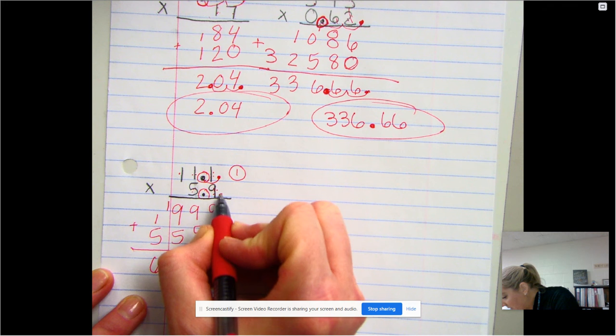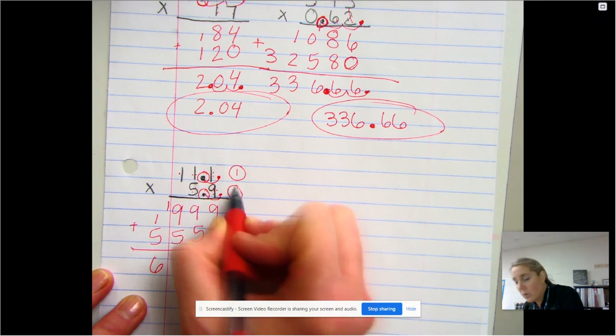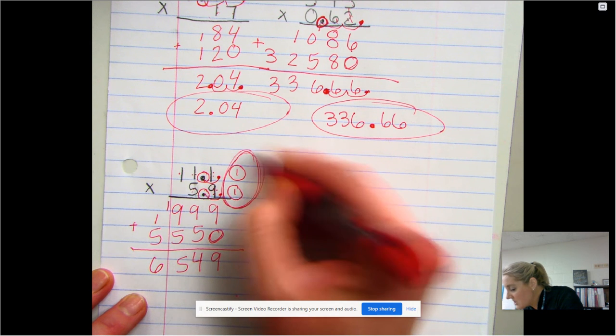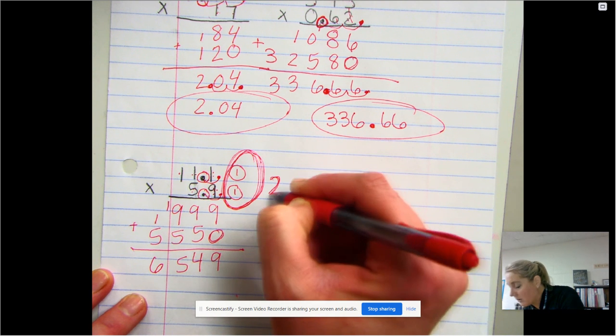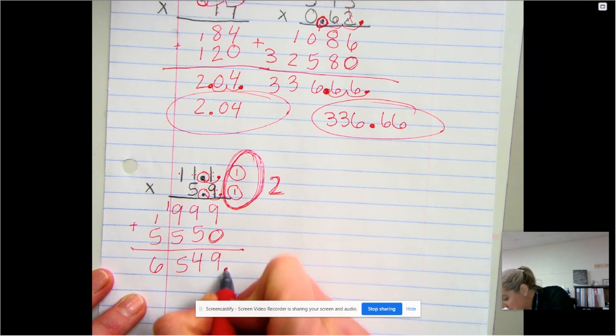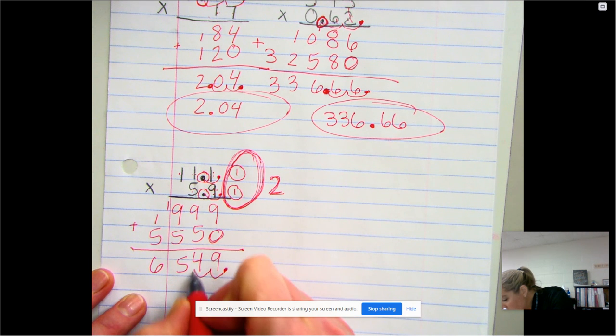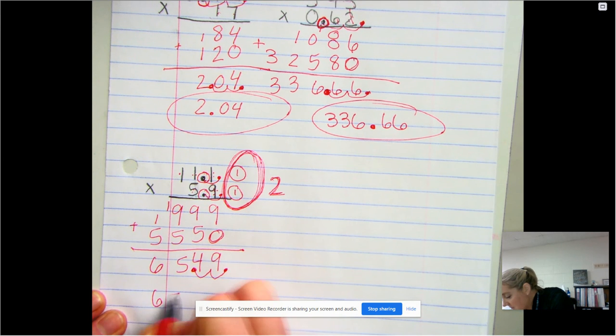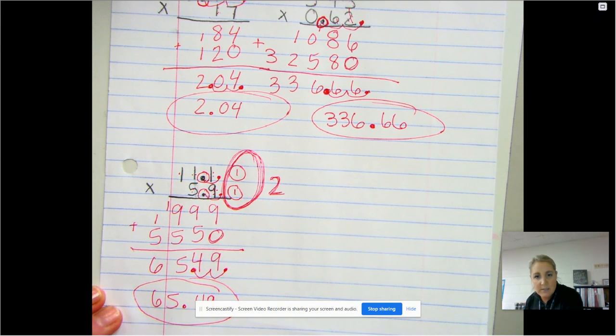How many hops from here to here? 1. Then I combine these 2 hops for a grand total of 2. So again, I put my imaginary decimal point at the end and I hop over 2 times. 1, 2. So my answer is 65 and 49 hundredths.